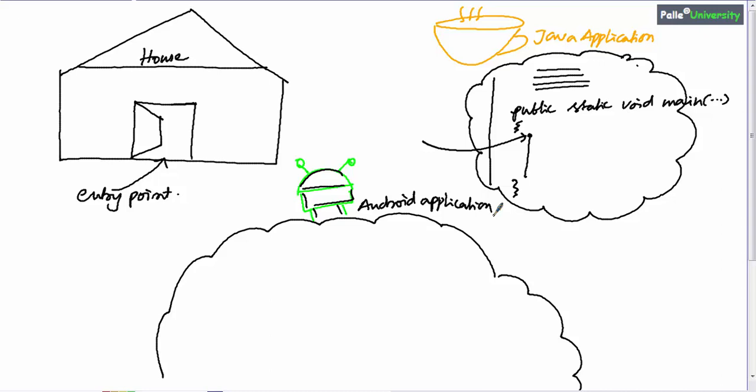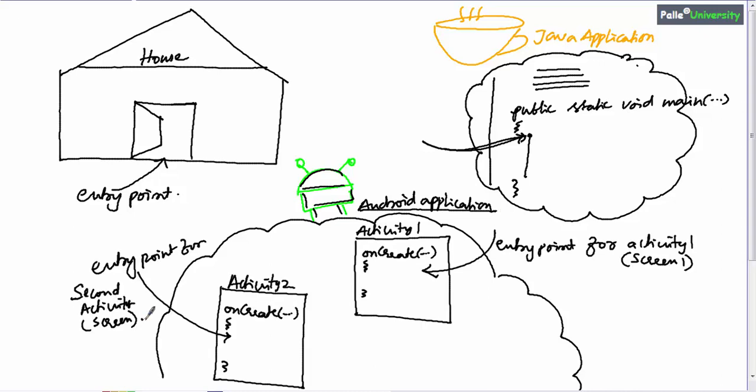That entry point is called the onCreate method. Remember, a Java application will contain only one entry point, whereas in an Android application, every screen and every activity will contain its own entry point called the onCreate method. So there is no main method concept in an Android application. Same thing I have represented pictorially here.